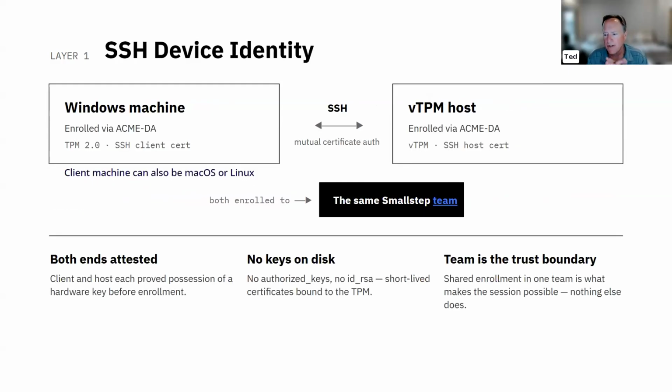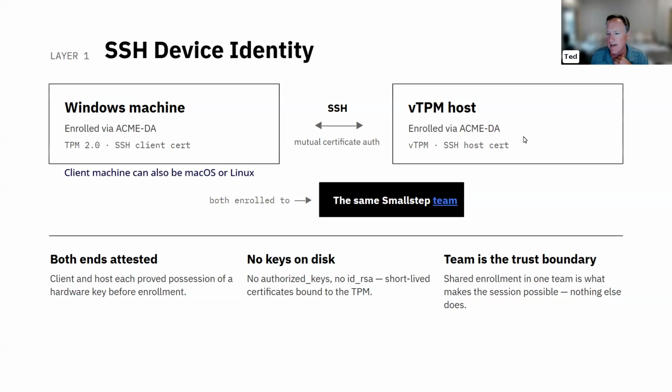And so what I'm going to show you is the lower part of the stack, which is my Windows machine that I'm presenting from. I have enrolled it into a Small Step team using ACME Device Attestation. And then I've also enrolled virtual machines with virtual TPMs across all three of the public clouds.